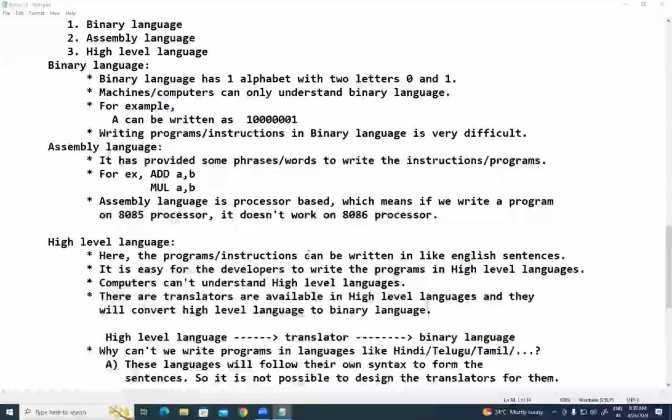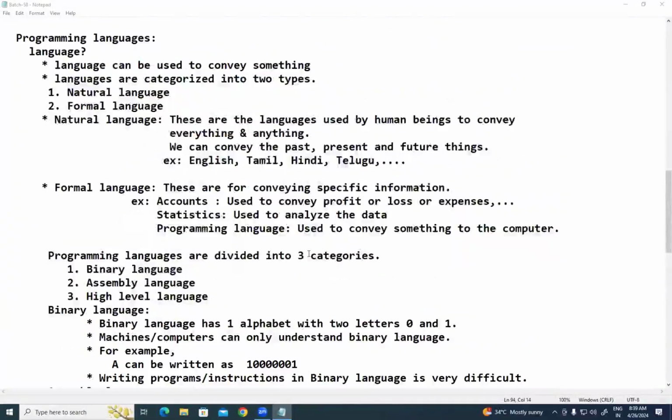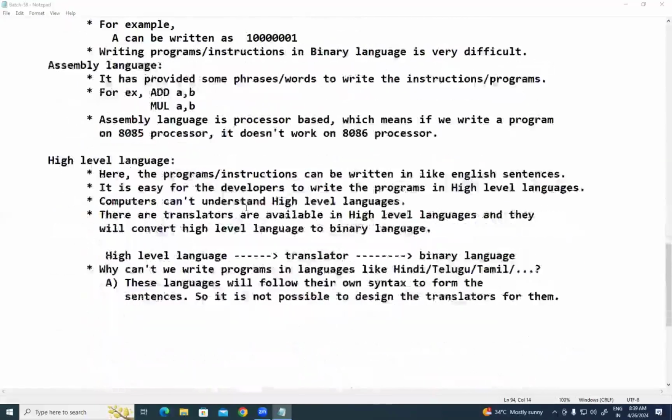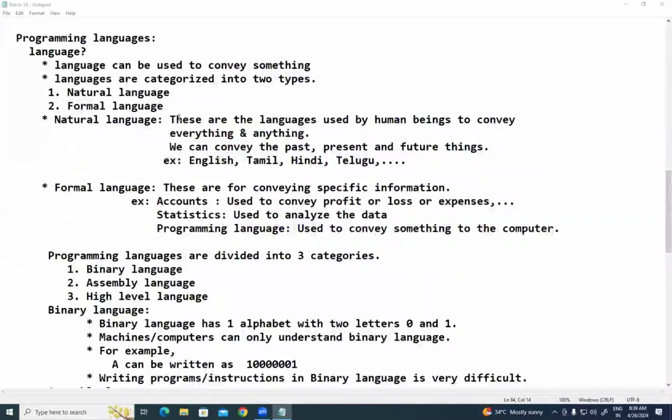Please try to understand me, folks. These are all by experience, by doing some research. Then I framed this entire thing step by step to explain you guys. Even you cannot find all these reasons, even in Google. If you ask ChatGPT or Google also, you won't get all these reasons.